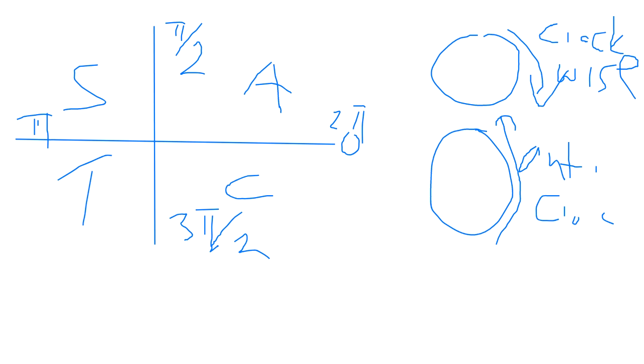Now, we have to also note that angles can be positive and negative. So let me just give an example. If I give you an angle like minus 45 degrees, minus 45 degrees is the same as minus pi over 4.